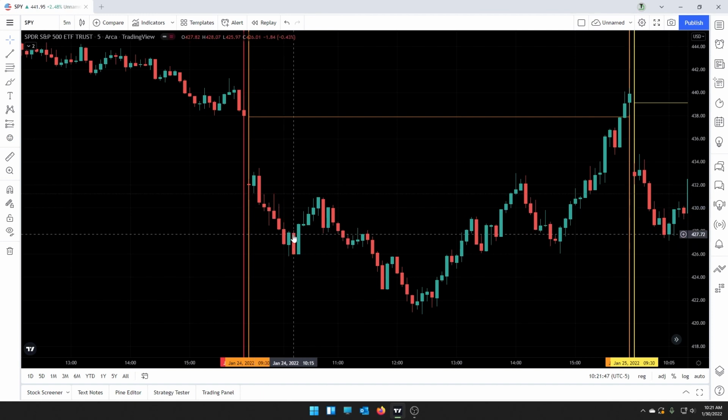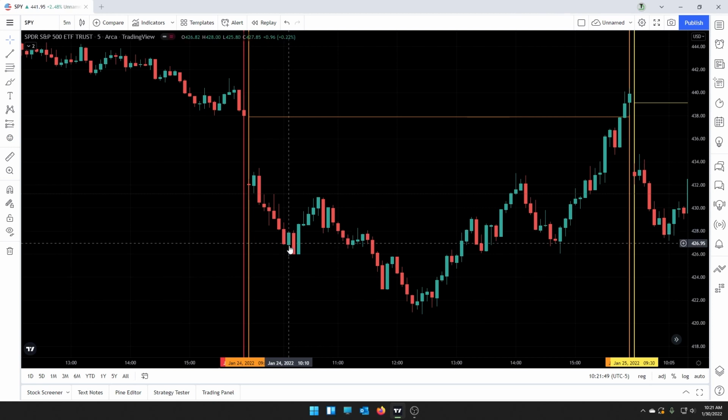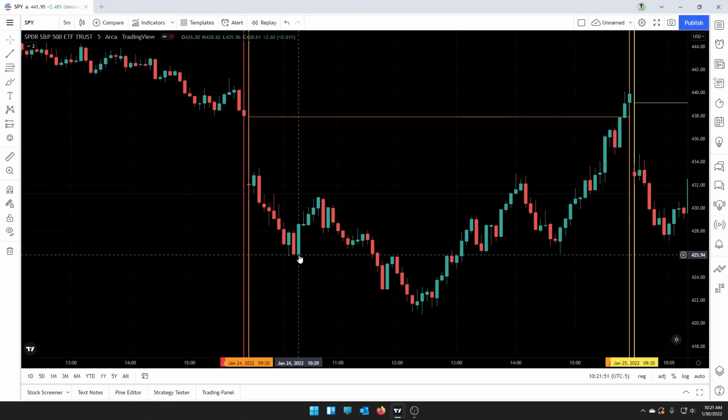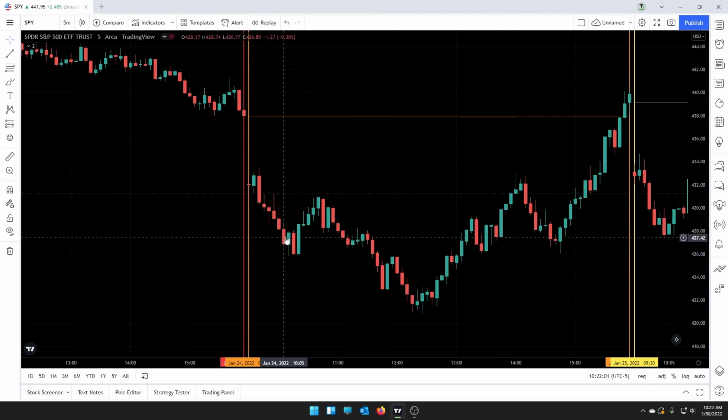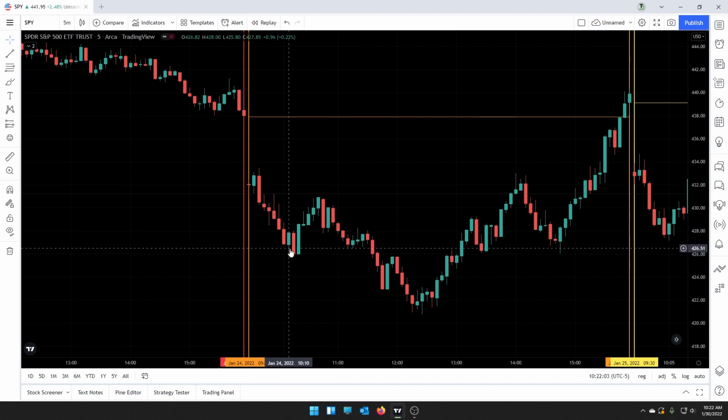Now, when you get smaller wicks at the top and bigger ones at the bottom, that's indicating that there are buyers down here willing to put in the money to stop the continuation of the drop. In this particular case, we had a big wick. You could have used that as an indicator of possibly a reversal.